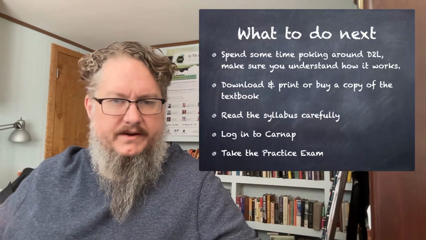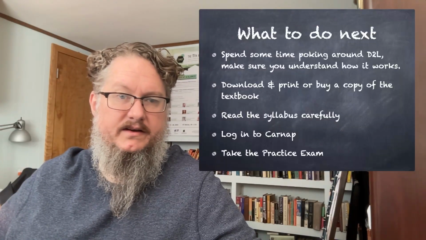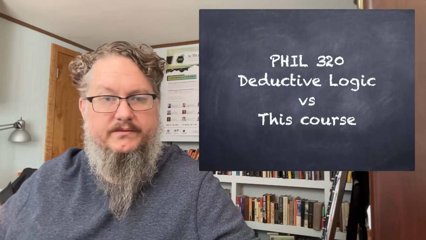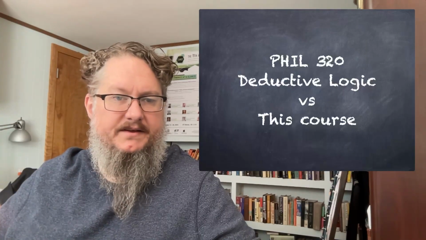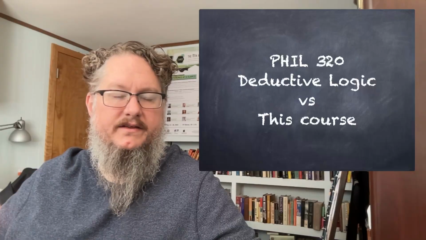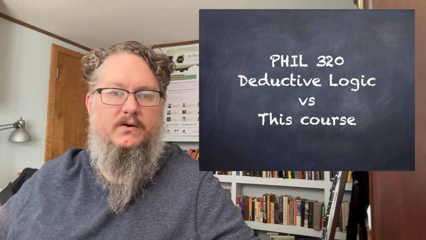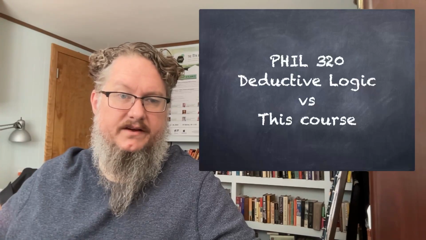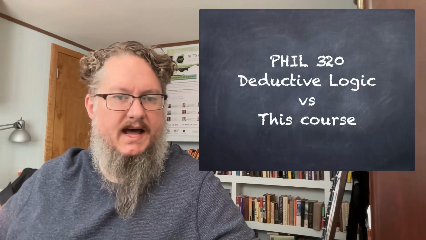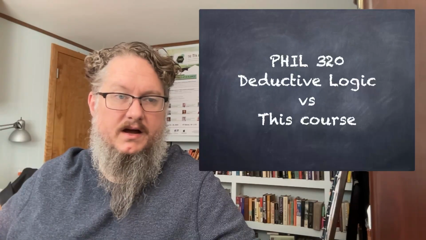One of the last things I want to do is just mention briefly that occasionally you'll find in the video lectures in this course references to Philosophy 320, a class called Deductive Logic. That is the old number and title for this class. So I originally taught this class under that number. Some of the slides in the video lectures will have that course number on it.